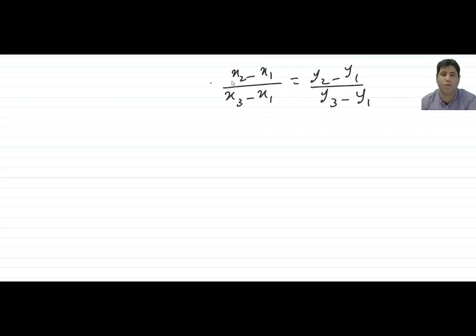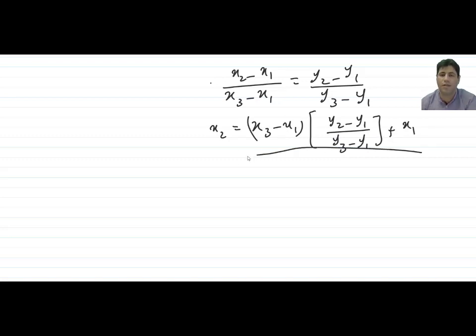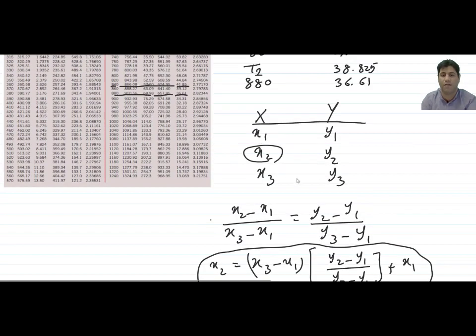For example, imagine we are interested in finding x2. Then x2 will be equal to x3 minus x1 times y2 minus y1 divided by y3 minus y1, plus x1. So by this we can find the value for x2, which is our unknown, from the table which we have here.